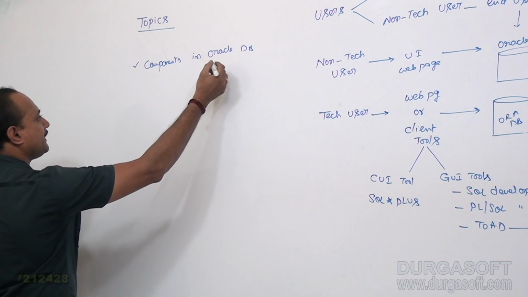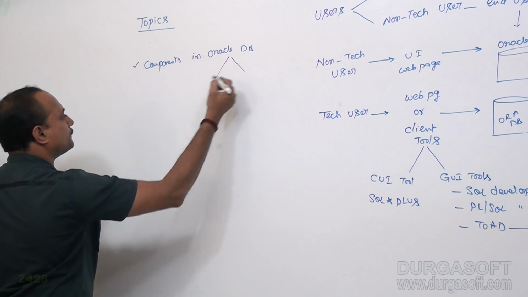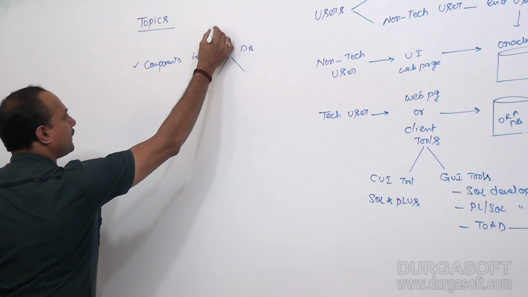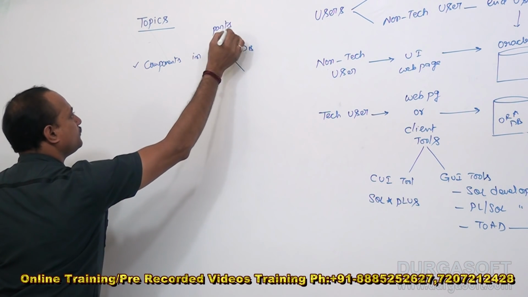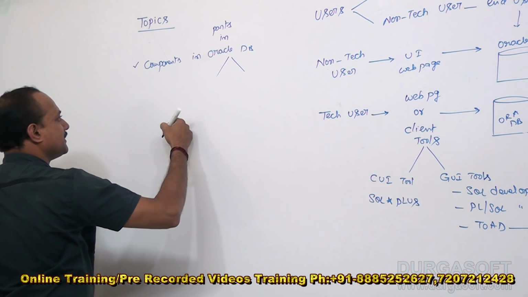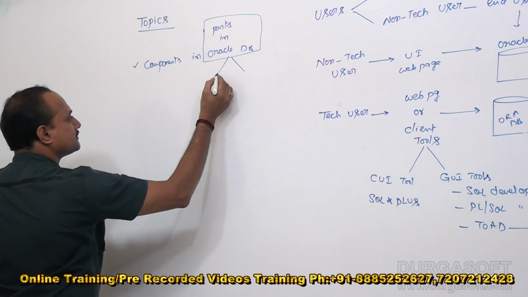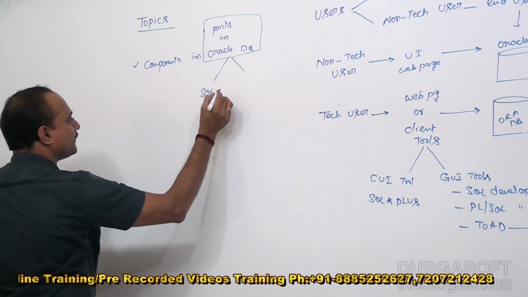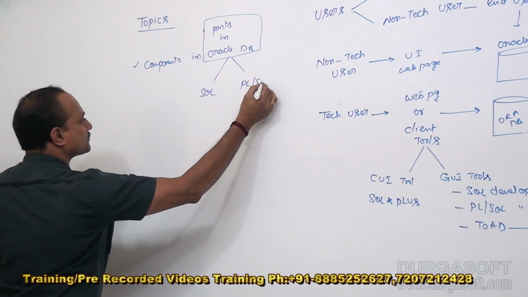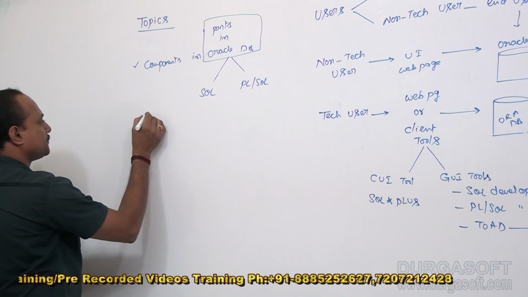See, Oracle database has two parts: the SQL part and the PL SQL part. What is SQL?